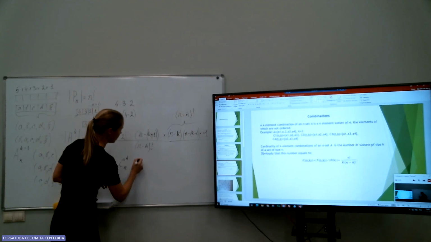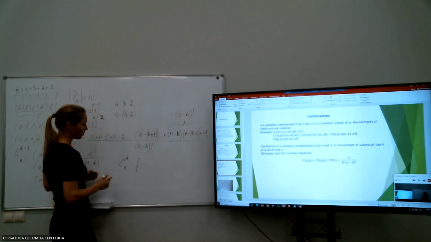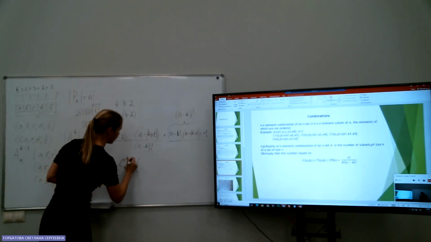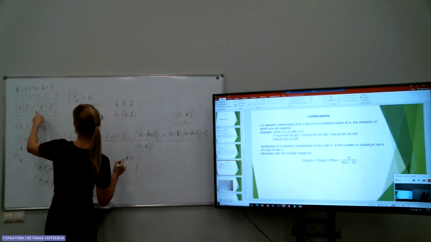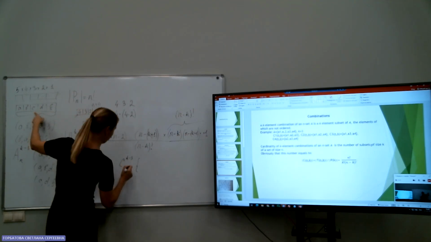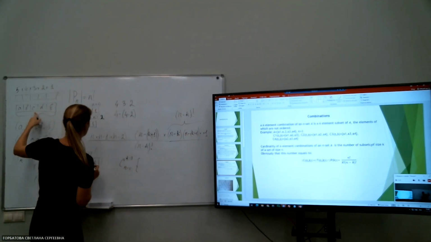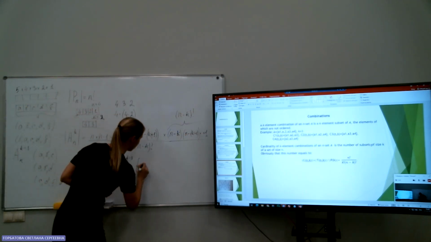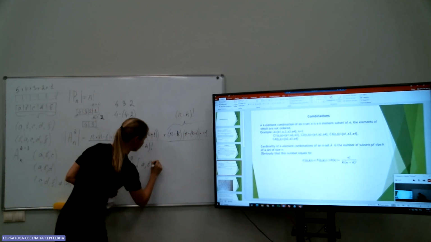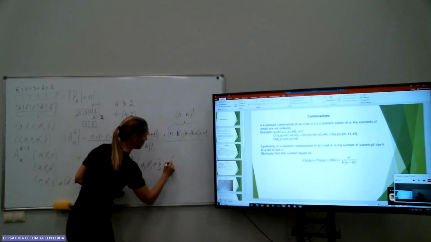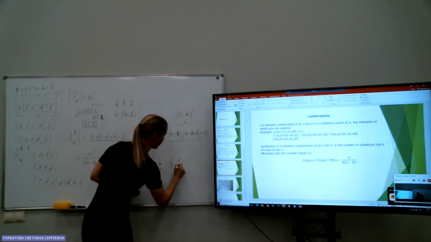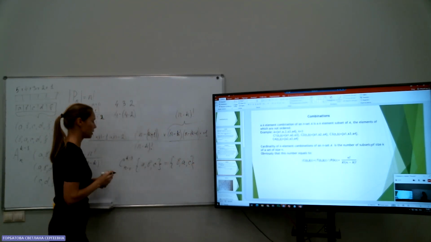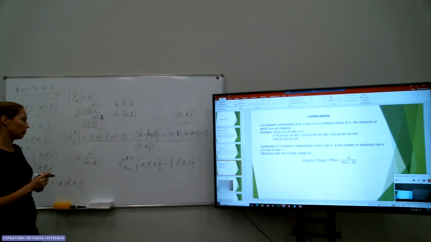So it is not a sequence, it is a set. Let's say k will be 3 and n will be 5. So it will be A, B, C, and B, A, C. It is absolutely the same combination.